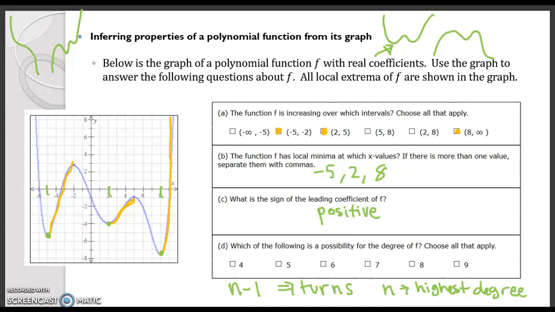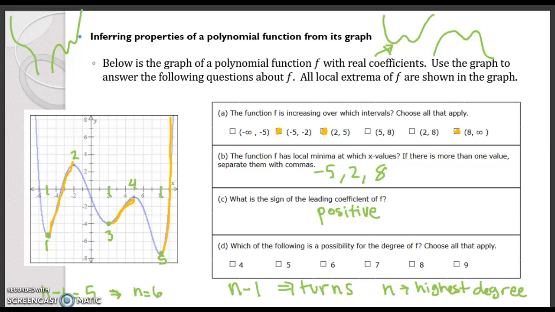So how many turns does this have, or how many local maxes and local minimums? Well, it has 1, 2, 3, 4, 5. So that means n-1 equals 5, so n equals 6.